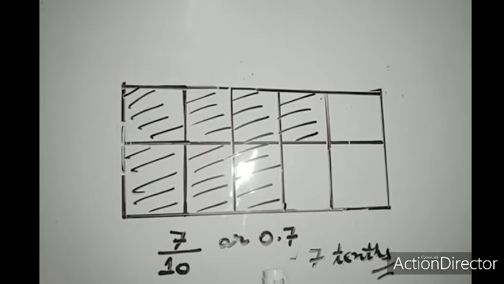And we read this number as 0.7, right? So now what is decimal? The dot, or the point between any two digits, is called the decimal point. So this point is known as the decimal point.